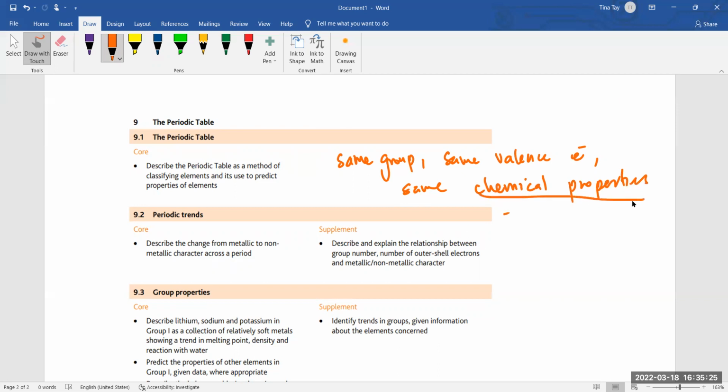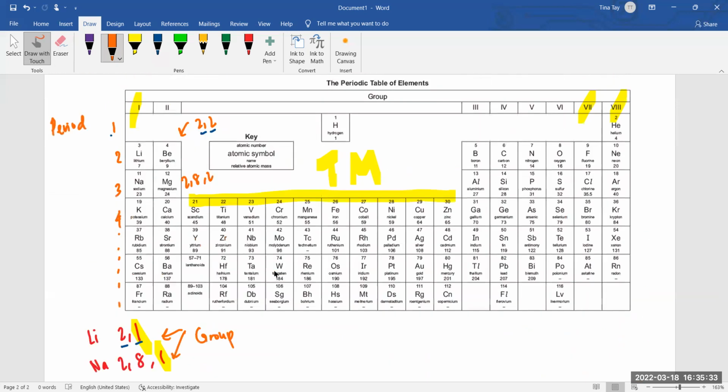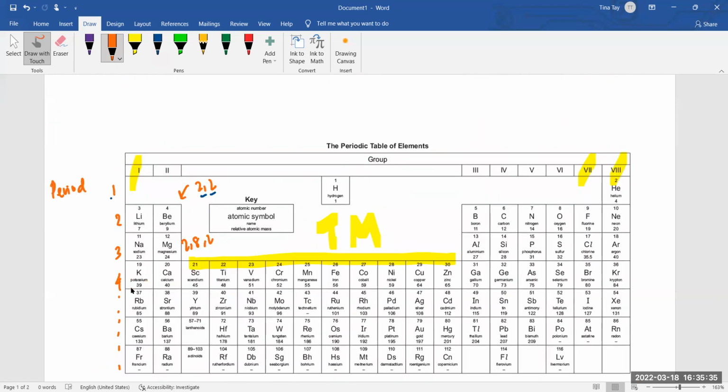That means the way they react with water, the way they react with other substances, is all the same. The trends in a group are, for example, that they all have low melting points, but as you go down, the melting point increases.